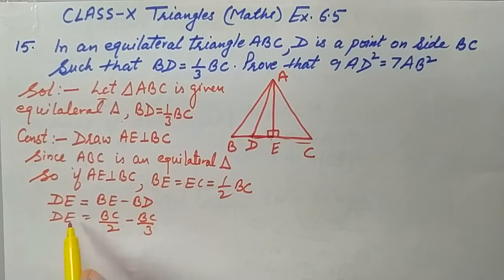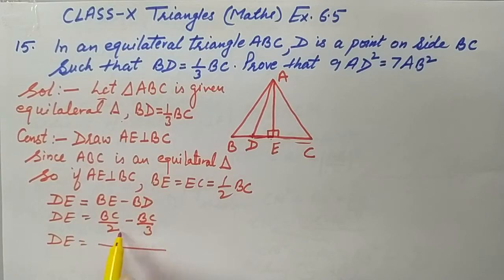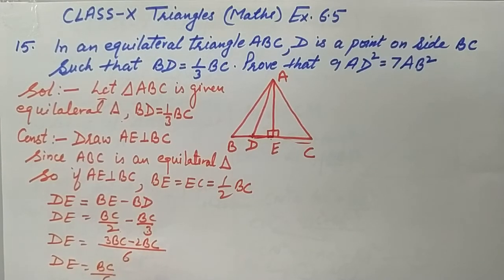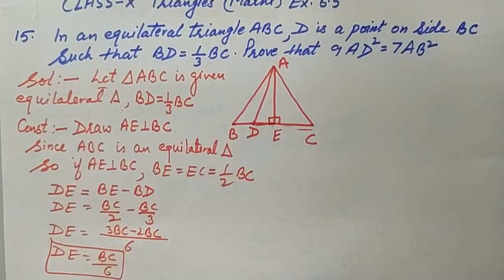So here the BC and DE relation will come. DE is equal to, we'll take LCM 6, and here 2 3s are 6, so 3 BC will come, and here 3 2s are 6, so 2 BC will come. So DE is 3 BC minus 2 BC, that is BC over 6. So this is the relation between BC and DE. So DE is 1/6 of BC.